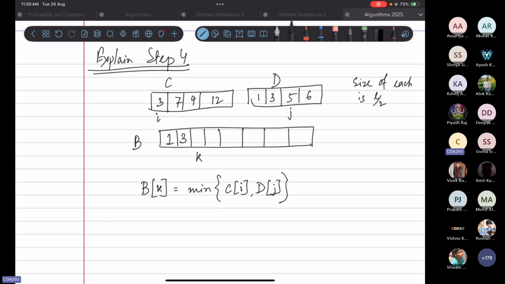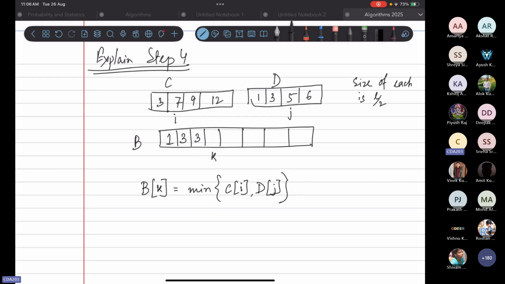Again, the next element will be 3. So what should I be doing next? Which index should I update? I should update I and K. Again, BK is minimum of CI and DJ.